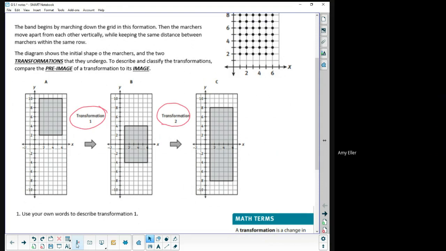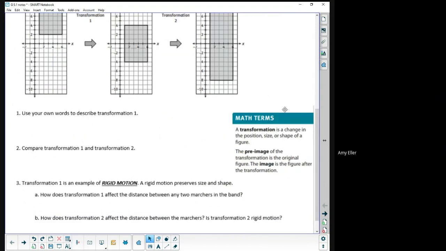That third paragraph there, I'm right here. It says, the diagram shows the initial shape of the marchers and the 2 transformations that they undergo. There's that vocab word transformation, and it's over here on the right. Is this in your packet on the right also? Okay. Yeah. A transformation is a change in the position, size, or shape of a figure.